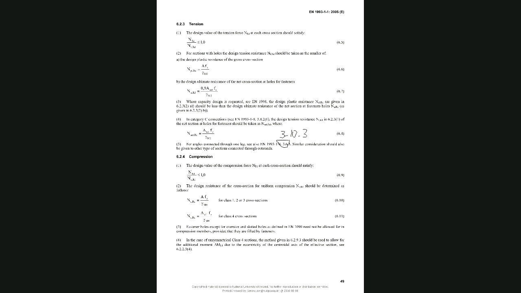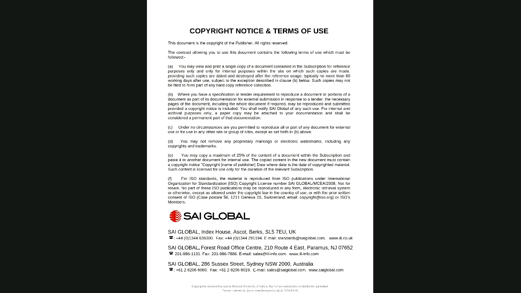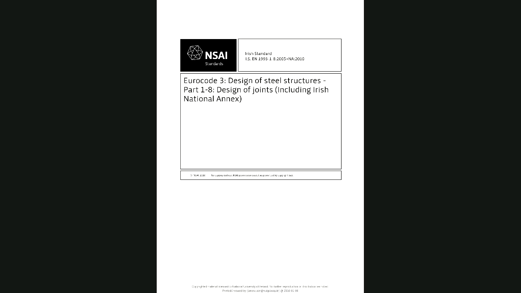But once you can navigate yourself around, then it's not too difficult. Okay, so if we go then to Eurocode 3, we said 3.10.3. So this is Eurocode 3, part 1-8, design of steel structures, design of joints, including the Irish National Annex.